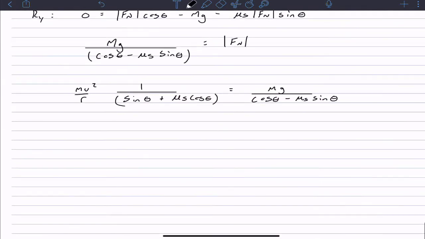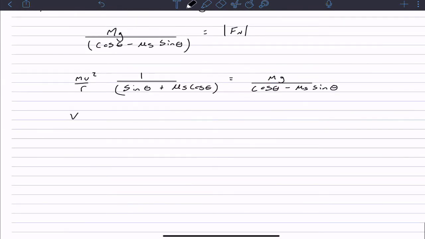So what is our maximum value? Let's call this V max, right? And then we have m, well, m goes away because we have it on both sides.